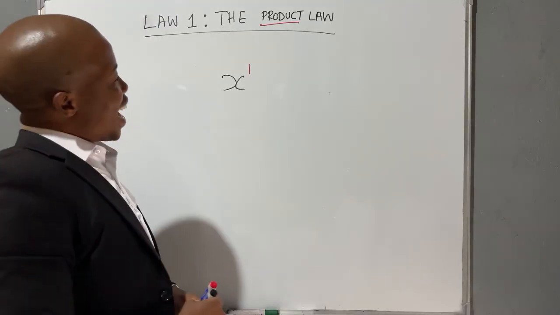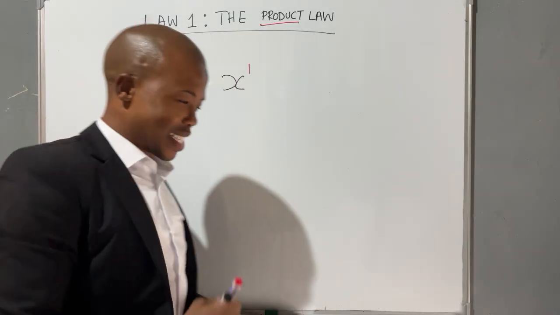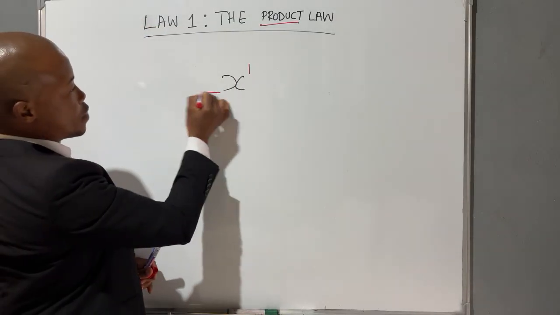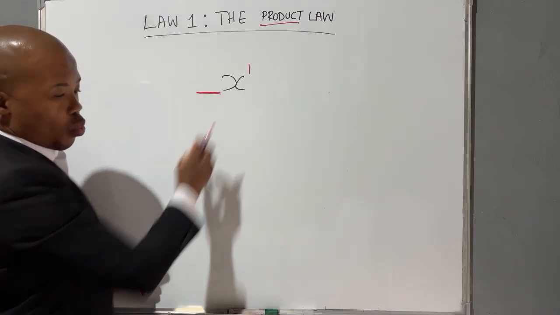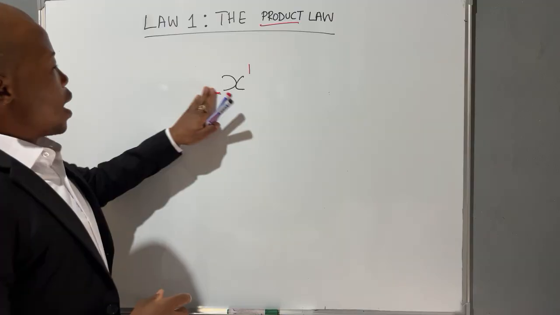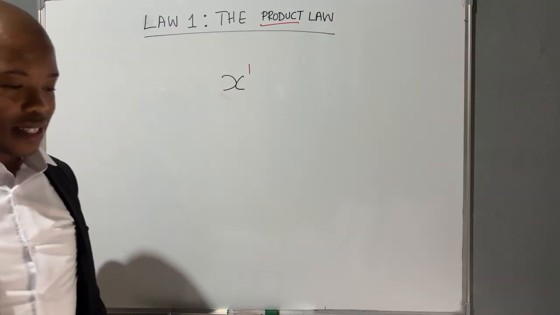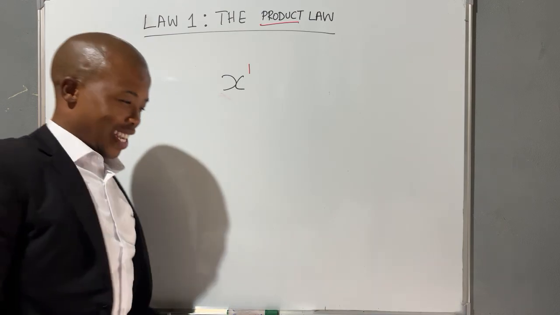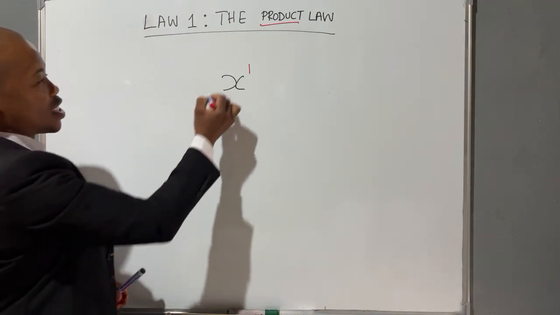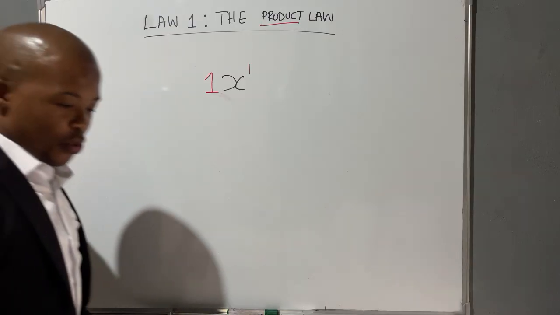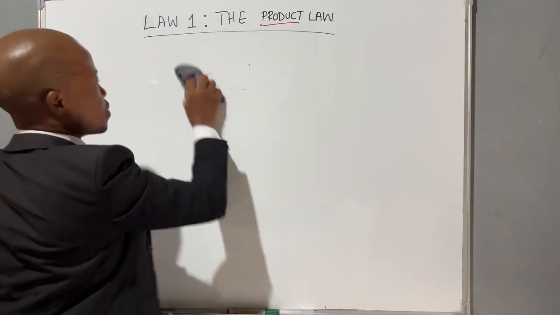Now, a coefficient is the number you'd usually see written with the x. If a variable like x doesn't have a coefficient, its coefficient is 1.